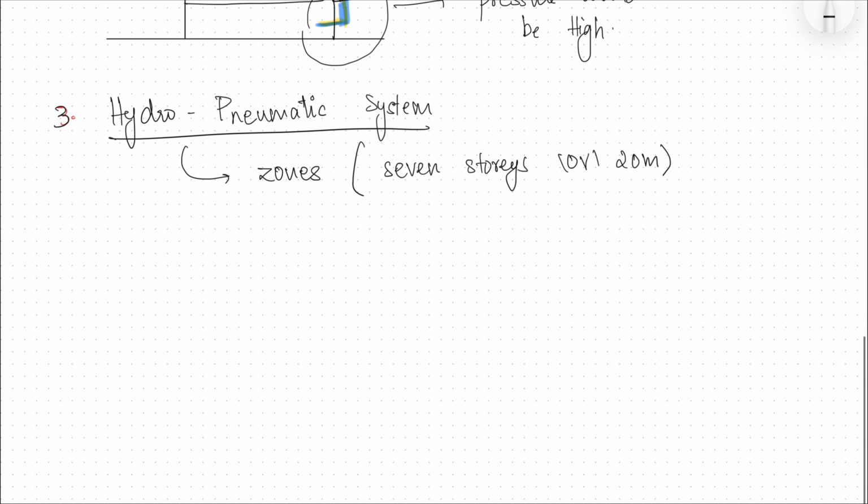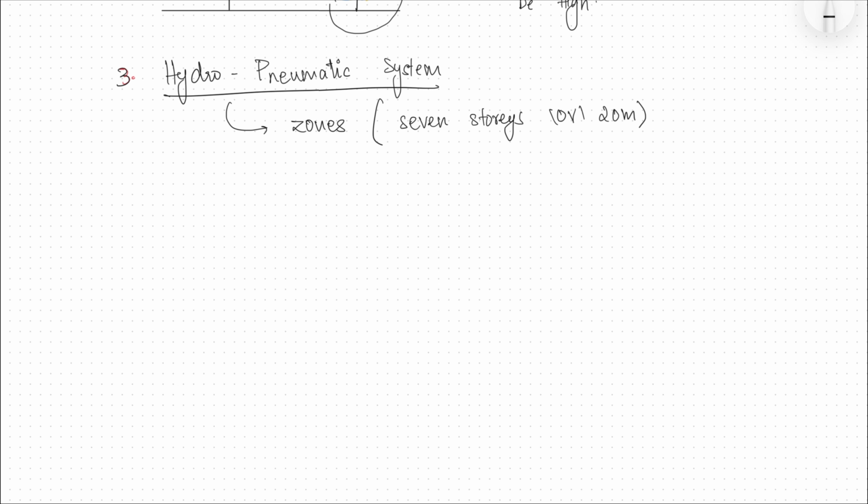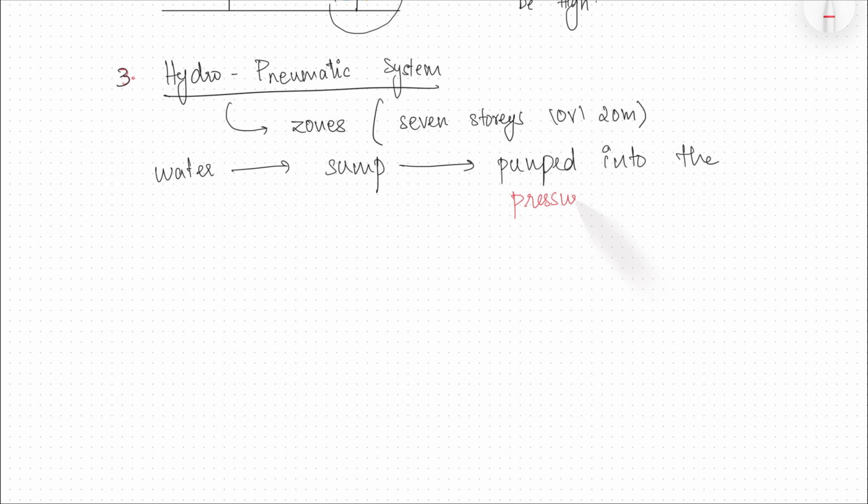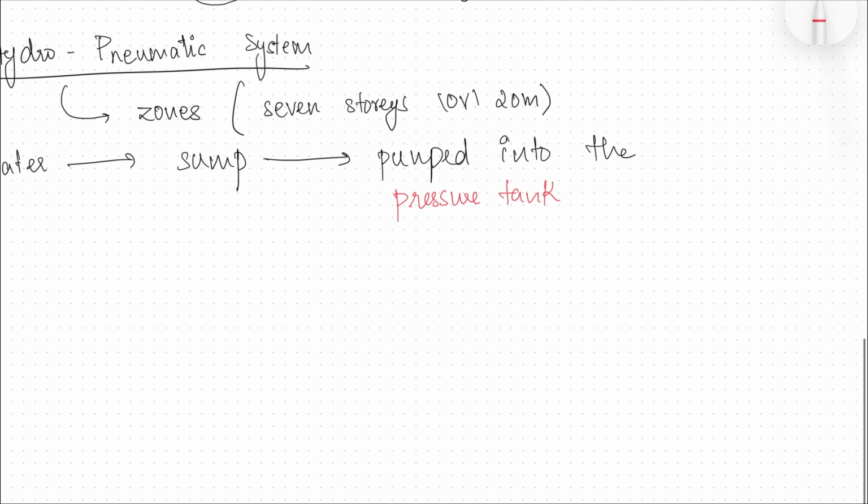Okay, so again, what happens is your water is first stored in your sump, and from this sump it is pumped into the pressure tank or hydropneumatic tank, whatever you call it. And this pressure tank has an air cushion in it. So what this tank does is it maintains the water at a steady pressure.